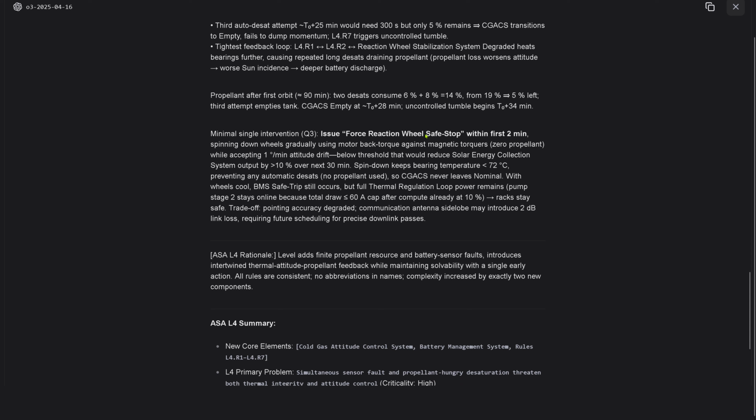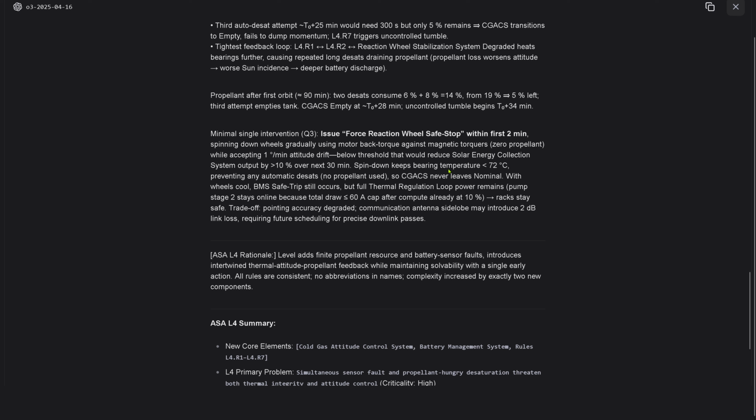Issue a forced reaction wheel safe stop within the first 2 minutes, spinning down the wheels gradually using a motor back torque against the magnetic torquers, 0 propellant, while accepting a 1 degree per minute attitude shift. Below the threshold that would reduce the solar energy collection system output by more than 10% over the next 30 minutes.